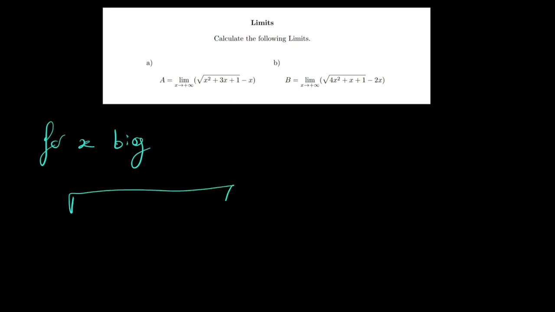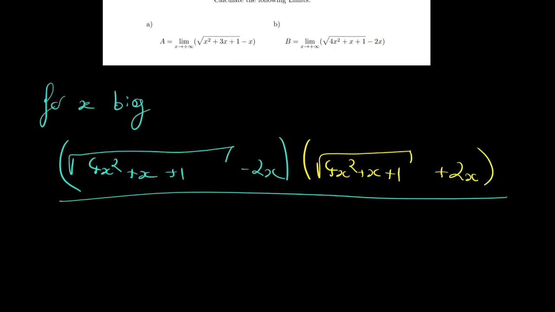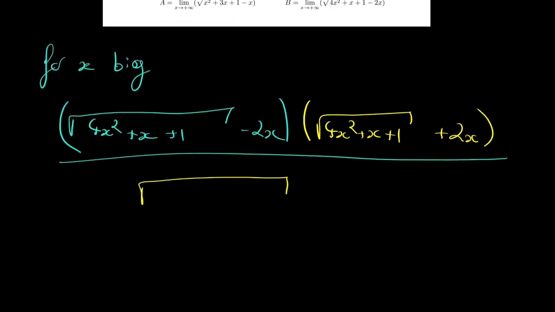Square root of 4x squared plus x plus 1 minus 2x times its complement, square root of 4x squared plus x plus 1, this time plus 2x, over square root of 4x squared plus x plus 1 plus 2x is equal to what?